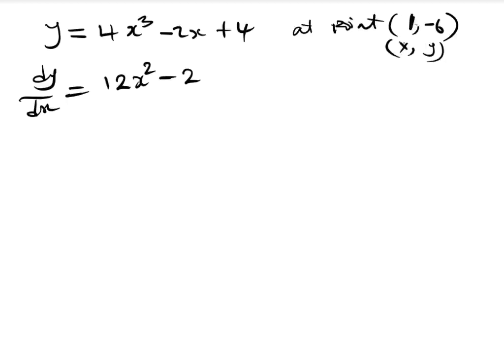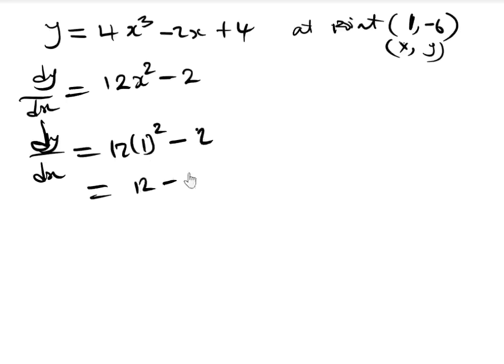If we substitute the value of x here, which is 1, into this expression, we'll have that dy/dx is equal to 12 times 1 squared minus 2, and this is 12 minus 2, because 1 squared is 1, and 1 multiplied by 12 will still be 12. So the final answer is 10.